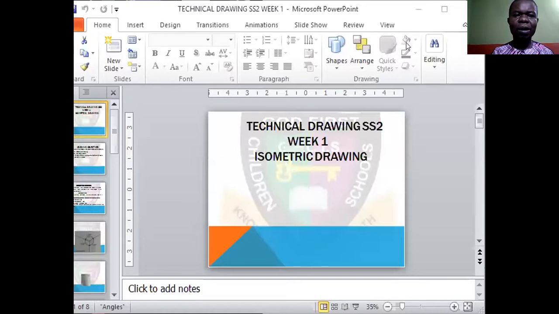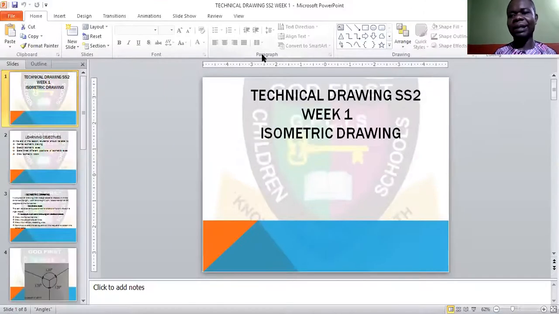Our teaching today shouldn't be the normal teaching we do, where we always come and sit together and do the drawing together, but rather we're having it online this morning. We look at isometric drawing.